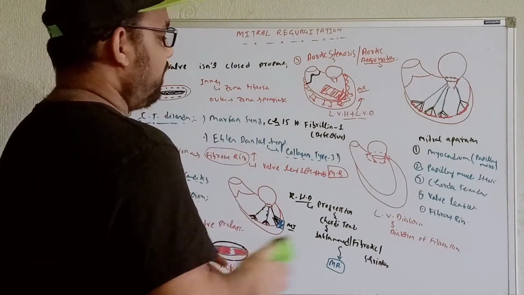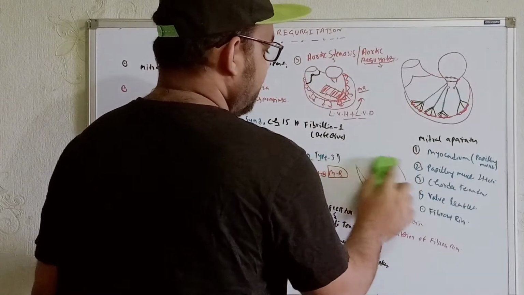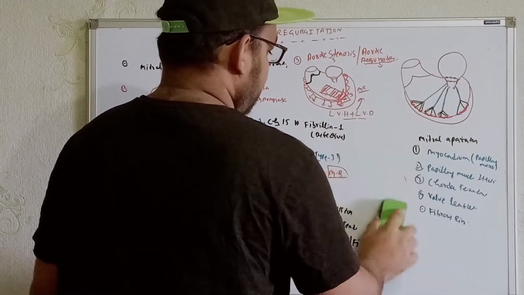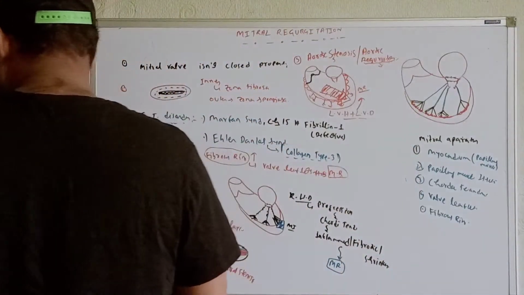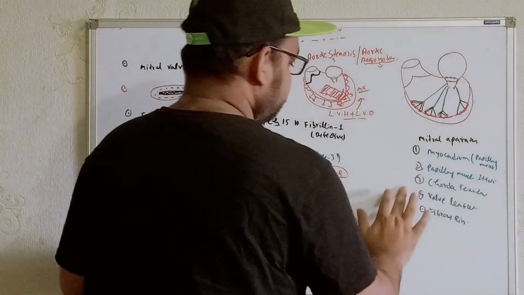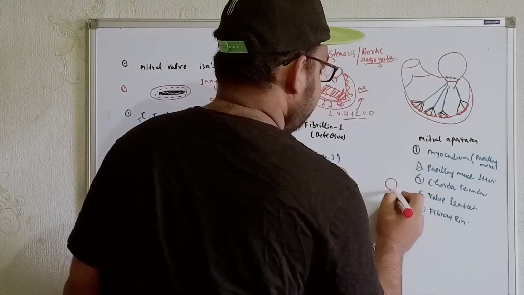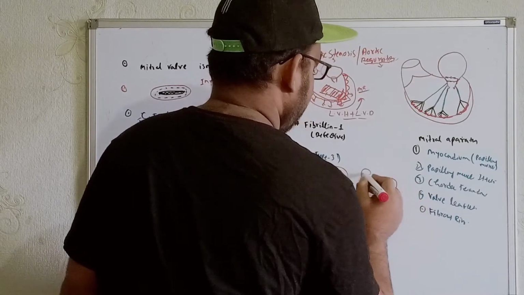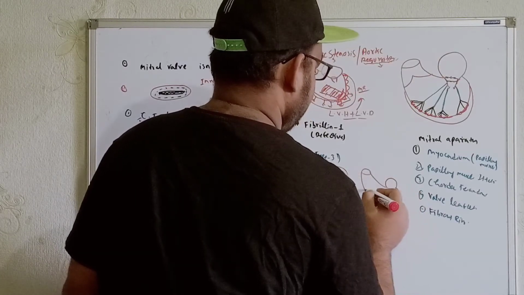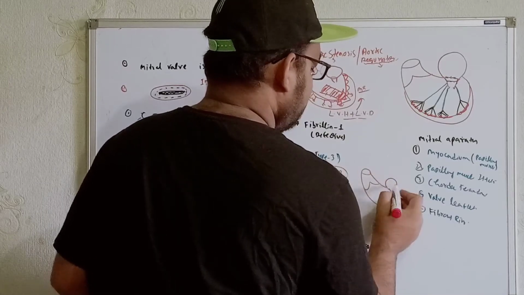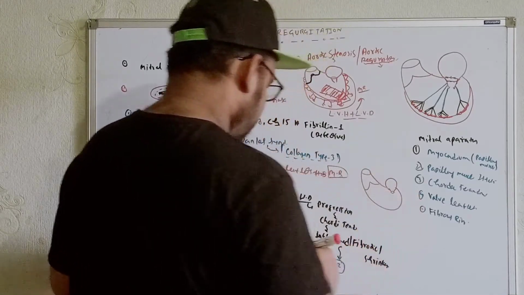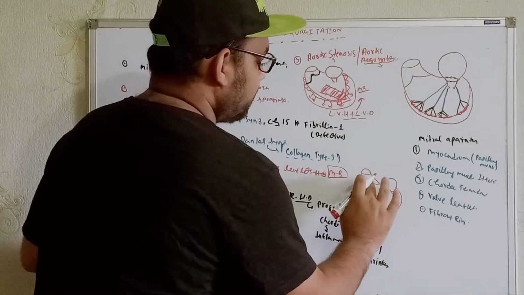Now how it develops, let's talk about those things. Now let's talk about aortic regurgitation. Now see, as we know, during aortic regurgitation, this valve is not able to close properly, right?